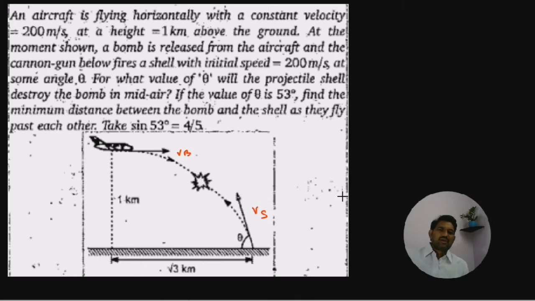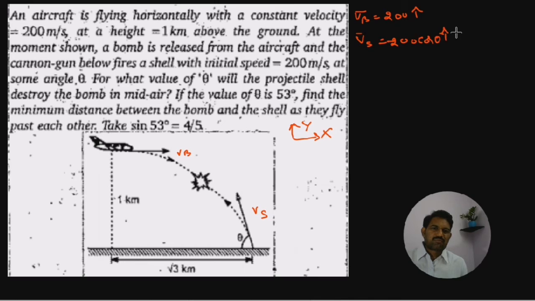Now the velocity of the bomb we can write as 200 i cap, because it is along this direction. Taking our usual coordinate system, x and y axes like this, the velocity of the shell is again 200, that means minus 200 cos theta i cap plus 200 sin theta j cap.